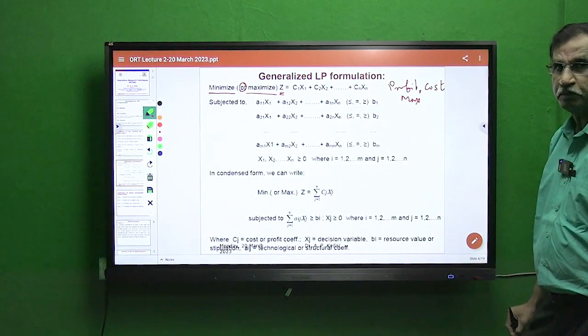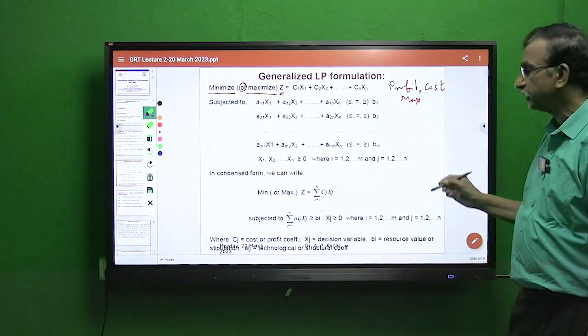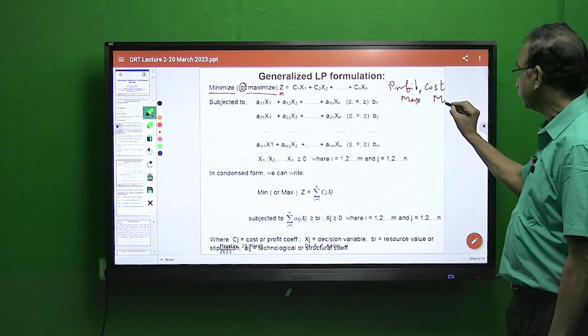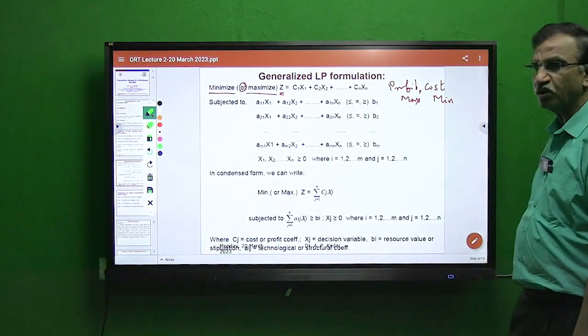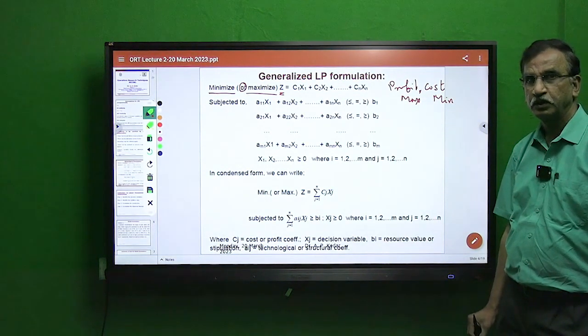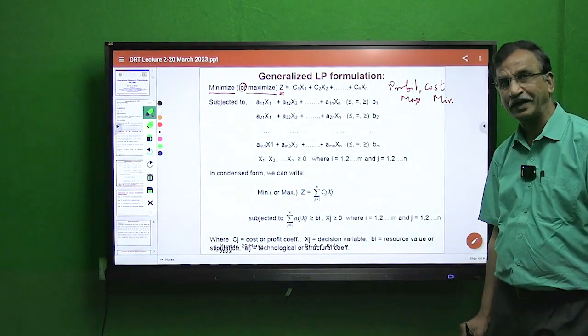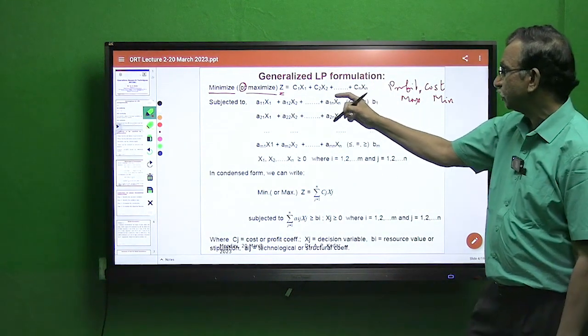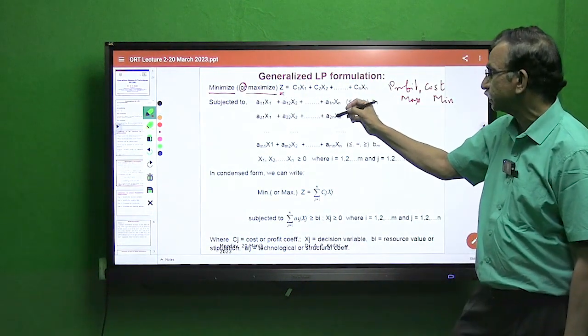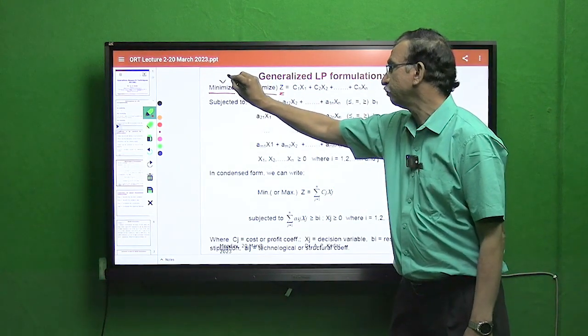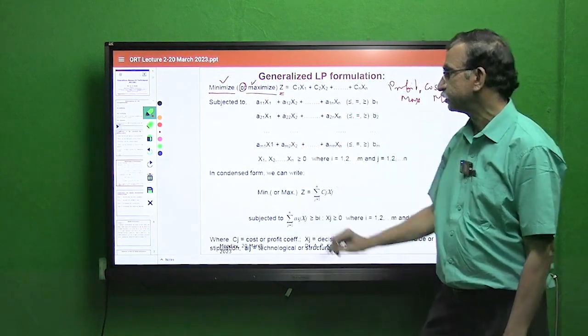If it is a problem pertaining to cost, my intention will be to minimize the cost of production or whatever related quantities. So depending on your objective function target, this mathematical function will take the form of either maximize or minimize.